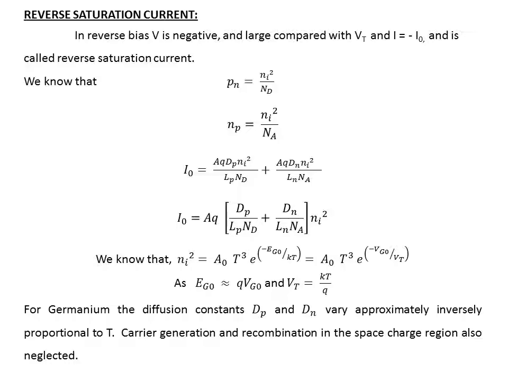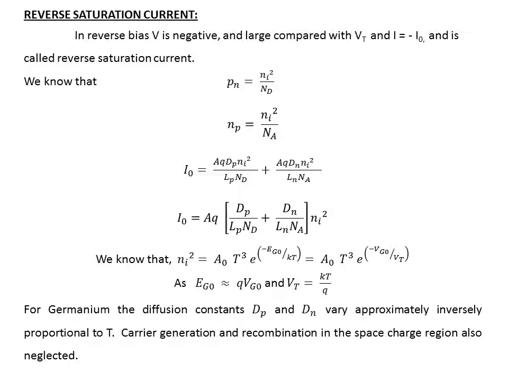We know that Pn = Ni²/Nd, where Pn represents the hole concentration in the N side, Ni represents the intrinsic concentration, and Nd is the concentration of donor atoms.